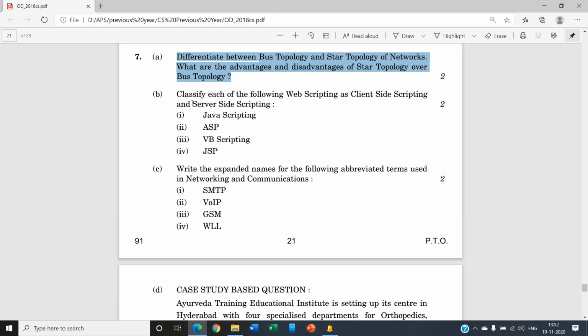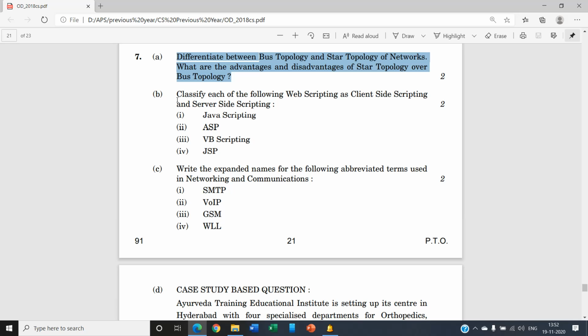Okay, now coming to the B part. Classify each of the following: web scripting as client-side scripting and web server-side scripting language. So let us understand what a client-side scripting language is, where calculation is done at the client end.